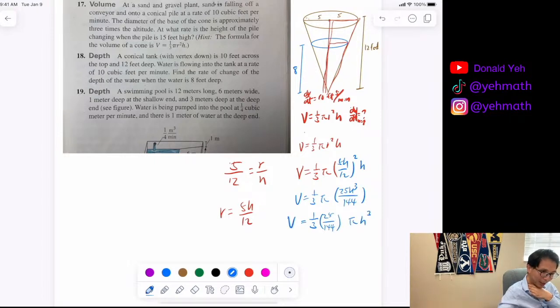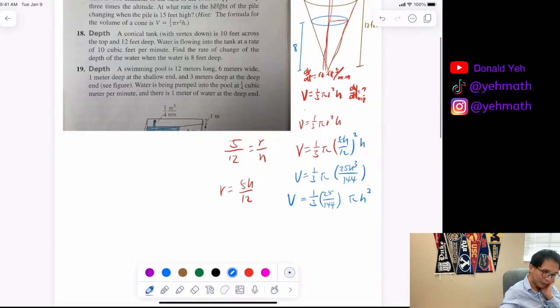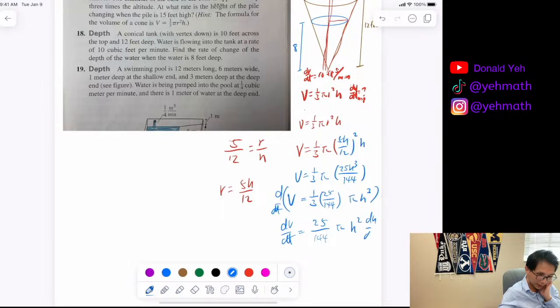And I rewrite that just because I put all the constants outside, and I'm going to take a derivative after that. So dV dt is equal to 3, take a derivative of h³. 3 and 1/3 cancel out. Nice and conveniently is 25 pi, and then h squared and then dh dt.